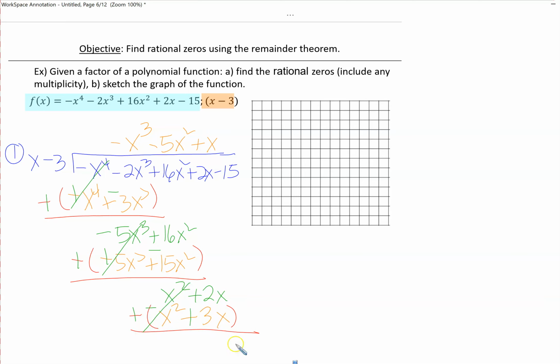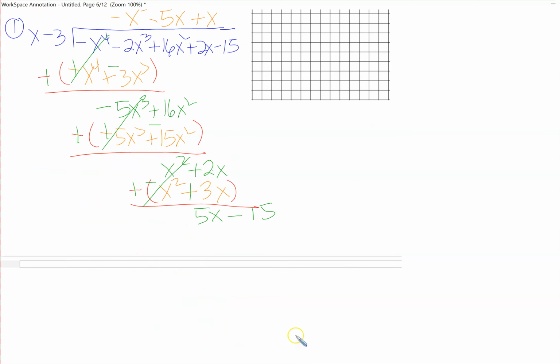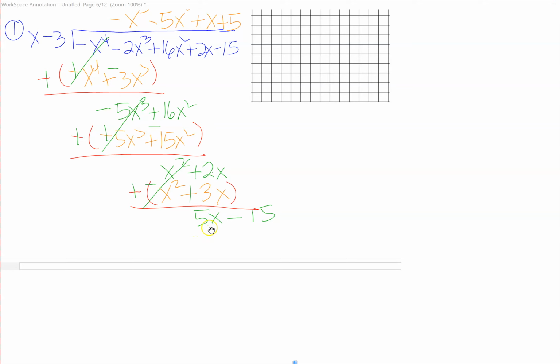X squared and negative x squared is 0. 2 plus 3 is 5. Bring down the minus 15. And x times 5 is our 5x, and distributing gives us a minus 15.